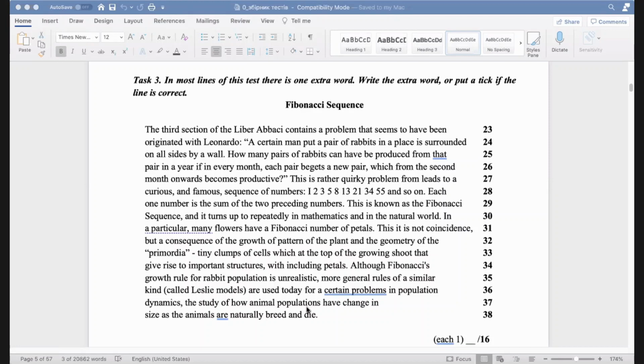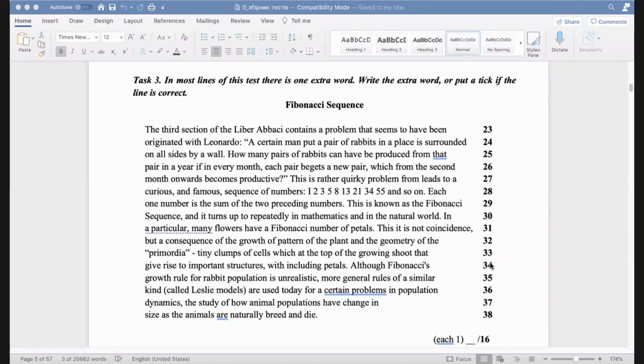No, we can say like the study of animal populations have changed. Yes, and here there is no extra word. Now I will think about the context, one moment. And why did you jump from 32 to the last? So what about number 32, it is okay, correct.